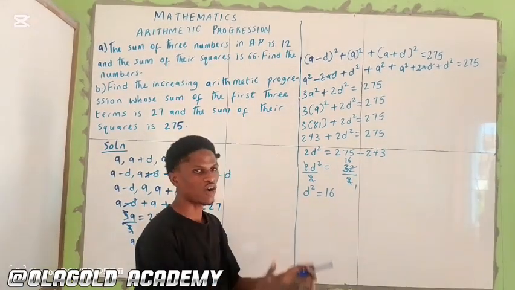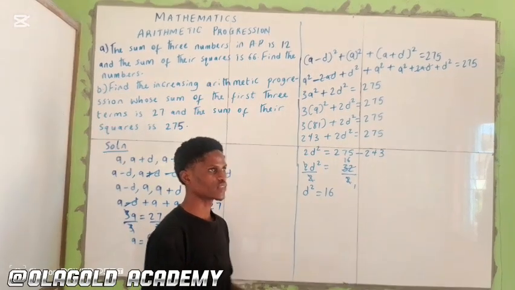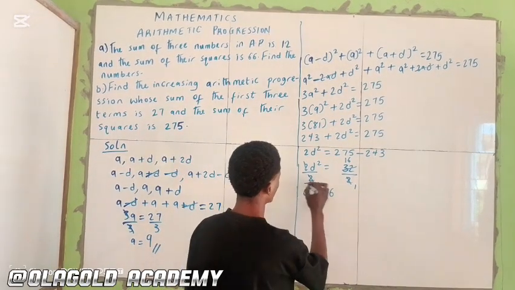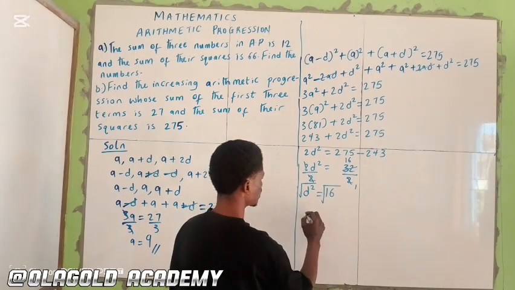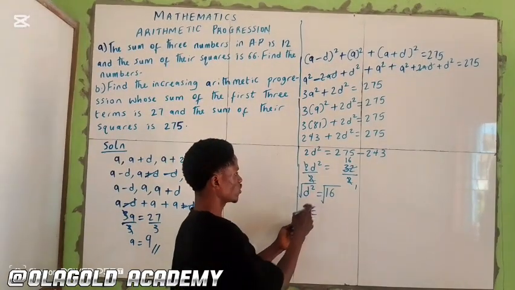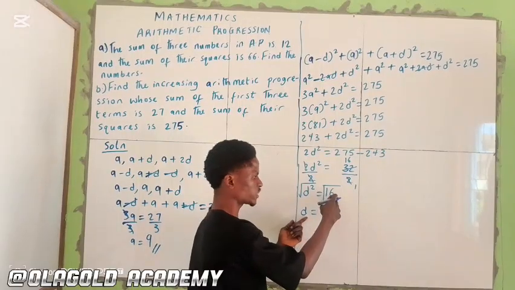So I find the square root of both sides. The square root of d squared will give me d. The square root of 16 will give me 4.